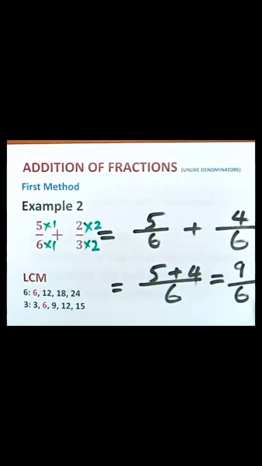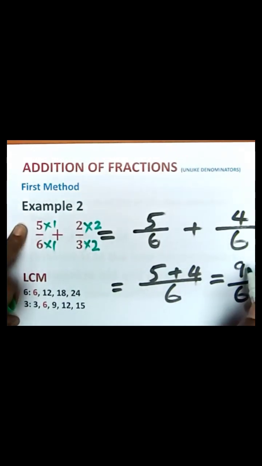Now this is the answer, but do we leave the answer like this? No. We can break down the answer. Look at 9 and 6. Something can be done. If you leave the answer like this, you are correct. But if you look at these two numbers, we can reduce them to a simpler form by dividing both top and bottom by 3.